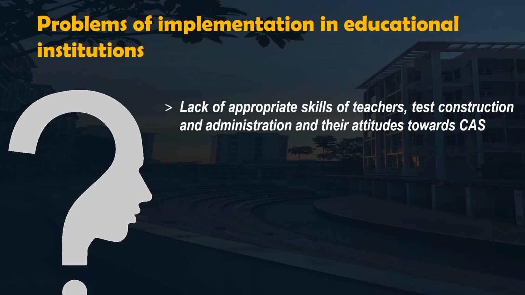One is the lack of appropriate skills of the teachers in test construction and administration, and their attitudes towards the continuous assessment system. And also the resistance of the teachers to change and the time constraints.